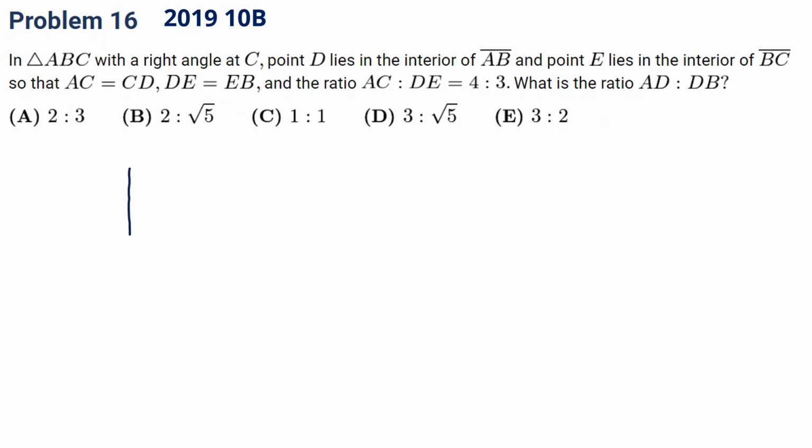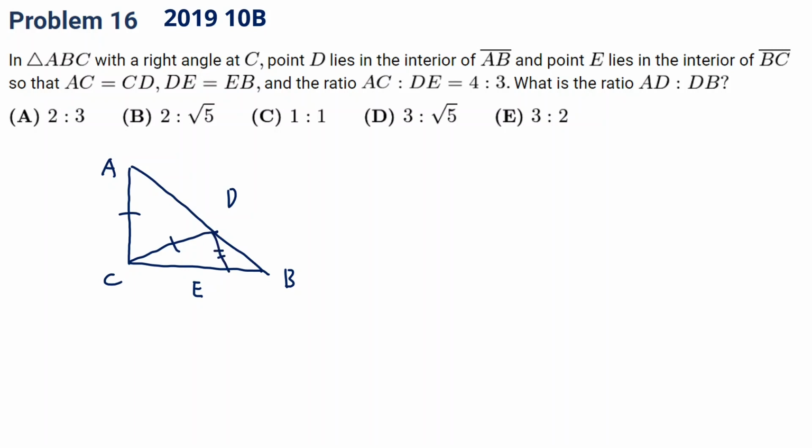We have a triangle with a right angle at point C, and point D lies in the interior of AB and E lies in BC.